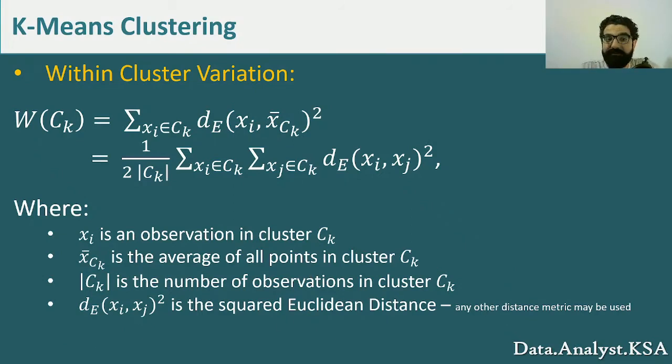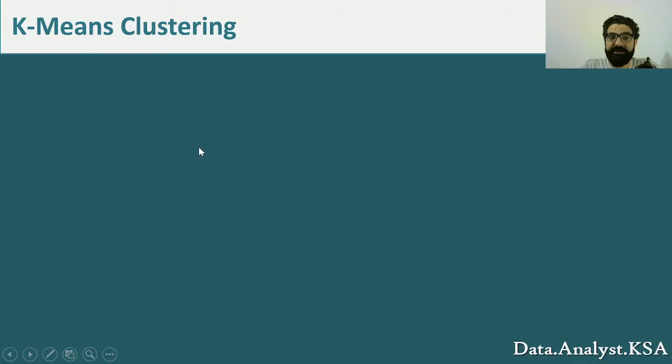We're going to average all of these, and this will be x bar C_k. And |C_k|, between the modulus, is the number of observations in cluster C_k. And d(x_i, x_j) squared is the squared Euclidean distance. Of course, we can use any distance metric and it would work the same. The idea is just that we're calculating the distance from the center of every cluster and squaring that distance to get a good idea of the within cluster variation.